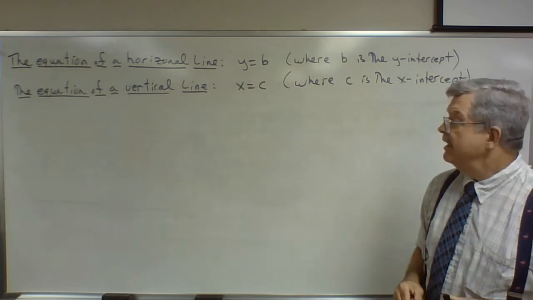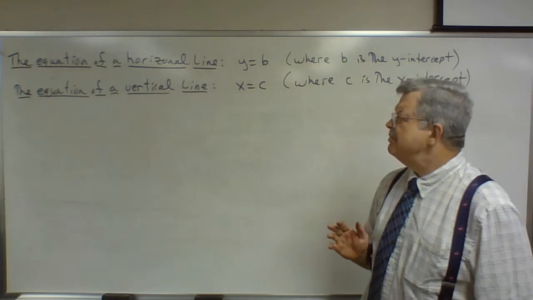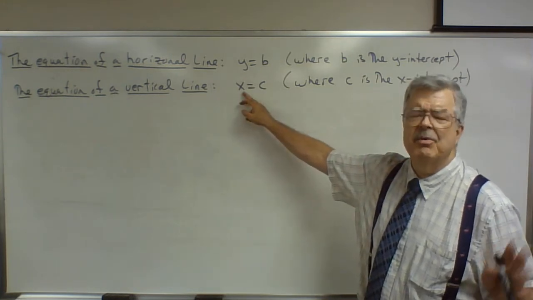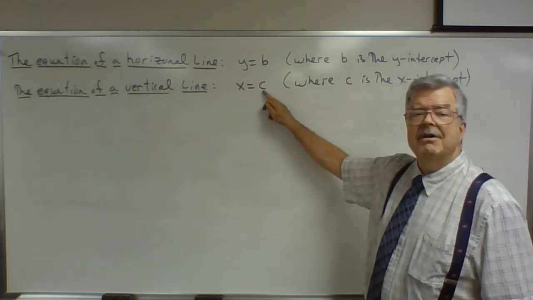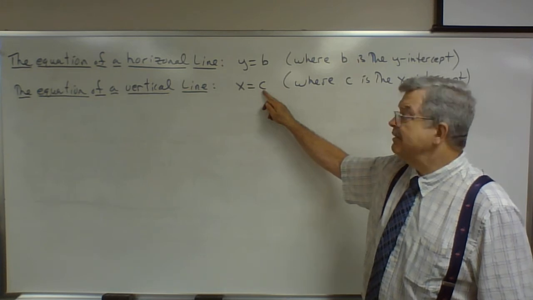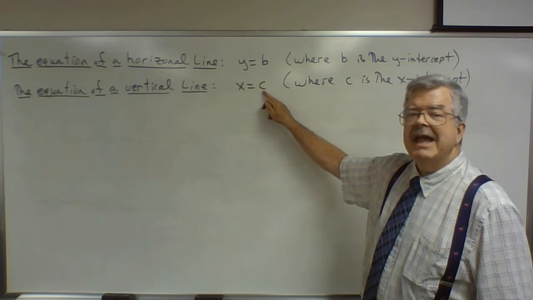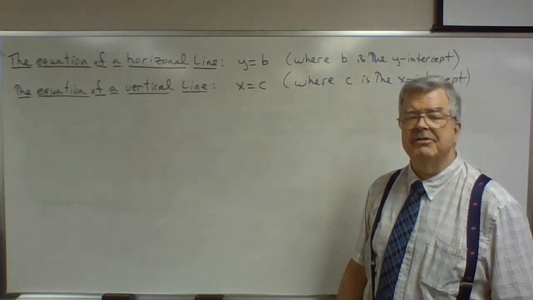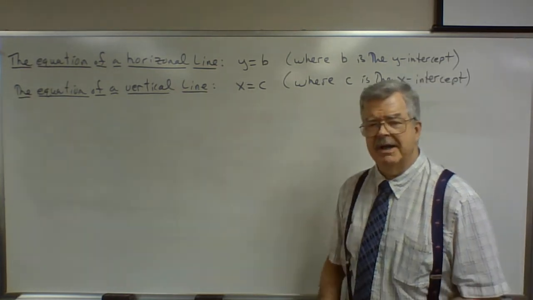The x-coordinate of every point on a vertical line is the same as the x-coordinate of every other point on the vertical line. So if the x-intercept of a vertical line is x equals c, then the x-coordinate of every other point on the line is x equals c. And this completely defines that vertical line.